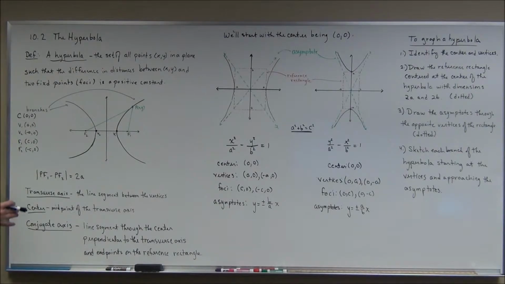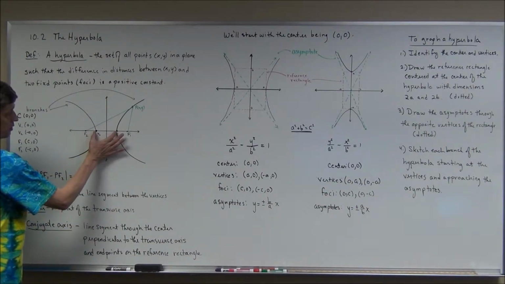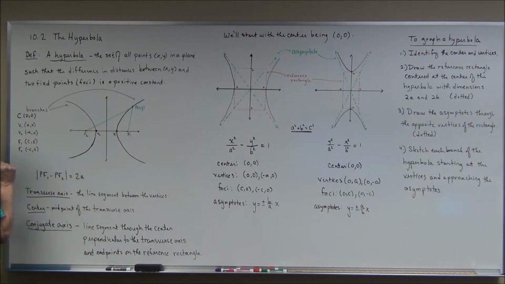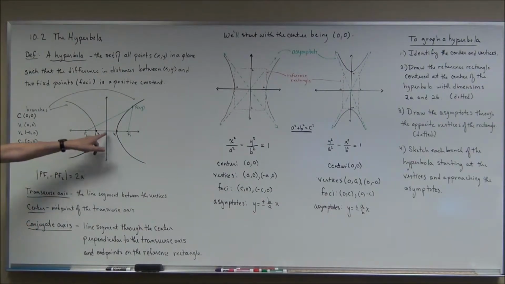Now, speaking of some of the terminology, the transverse axis is the line segment between the vertices. So in this diagram, this would be the transverse axis, this line segment right there. The center, of course, is the midpoint of the transverse axis. And the example I have here looks to be 0, 0.